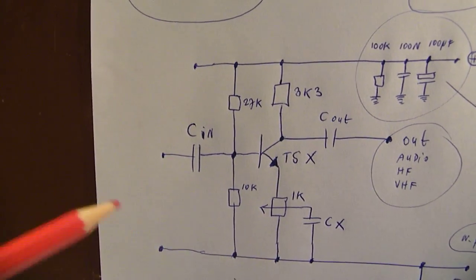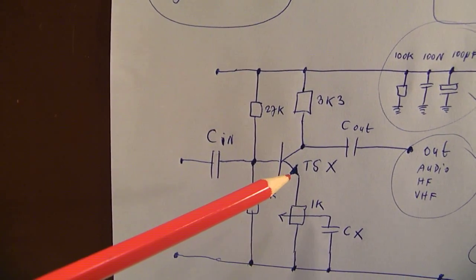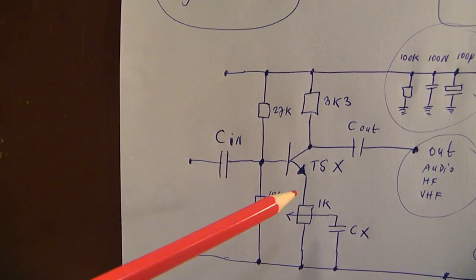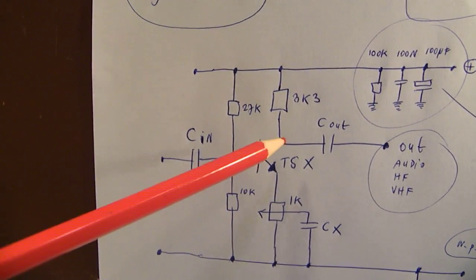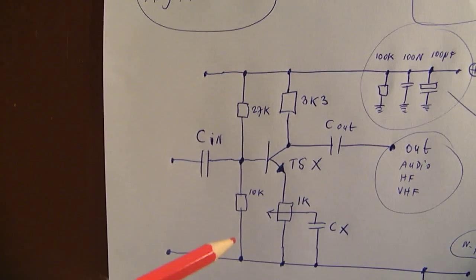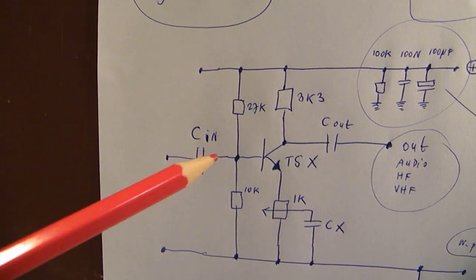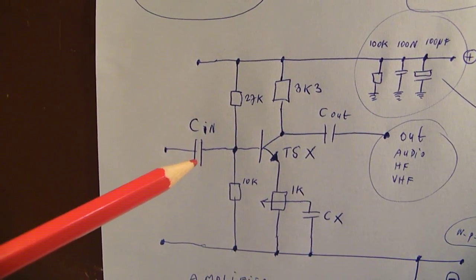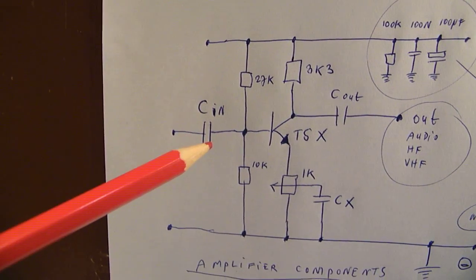You have of course to adapt the transistor for that specific frequency range, but all these values here from the resistors etc. are good and made to make this one transistor amplifier operate properly.